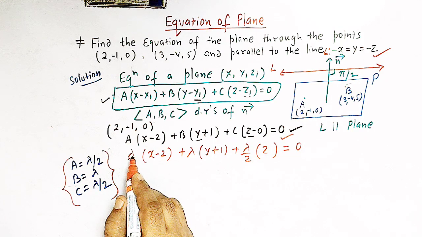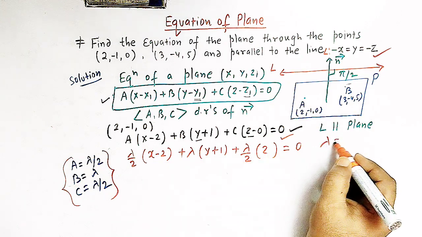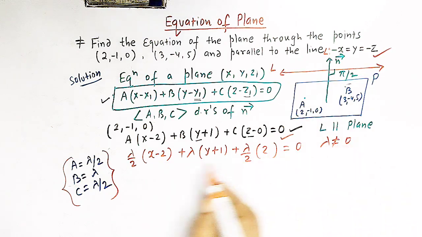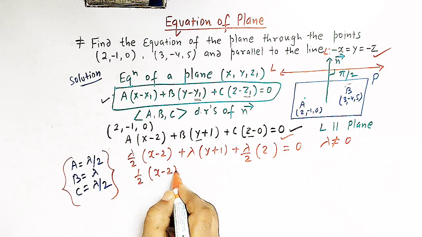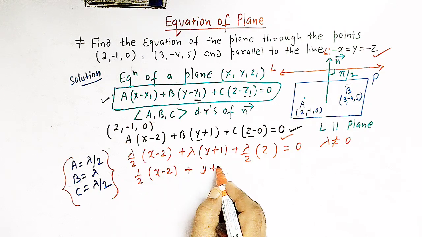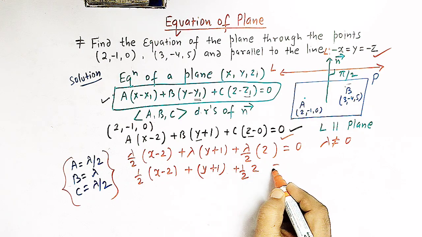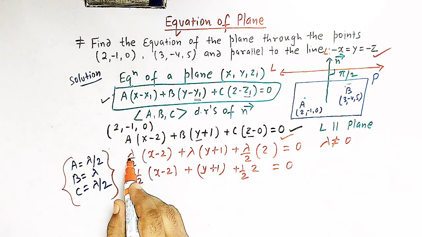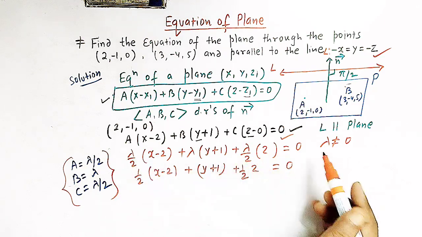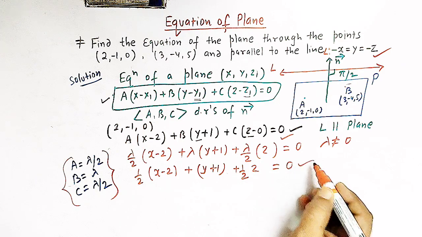Right, now see, lambda appears in all the three terms, and lambda is not equal to 0. So we can now write half of x minus 2, plus y plus 1, plus half z, is equal to 0. Right, so what we have done is divide both sides by lambda. Lambda is not equal to 0. So now we have this equation.